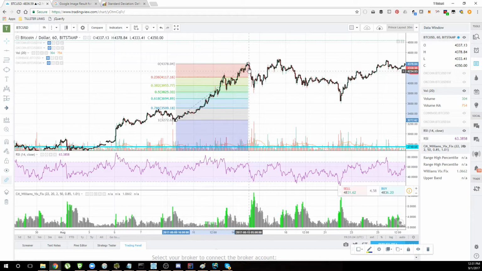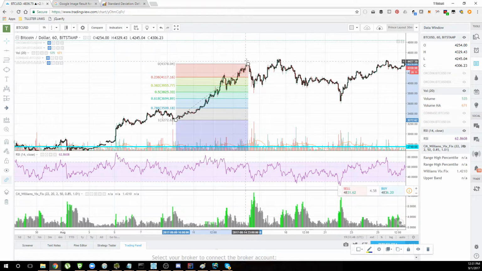So what we're saying is 68% of our price motion is going to be in this range right here, and 95% of our price motion is going to be in this range right here. Look at this line right here. Here's the 0.618 line, the golden ratio, right on the mean.